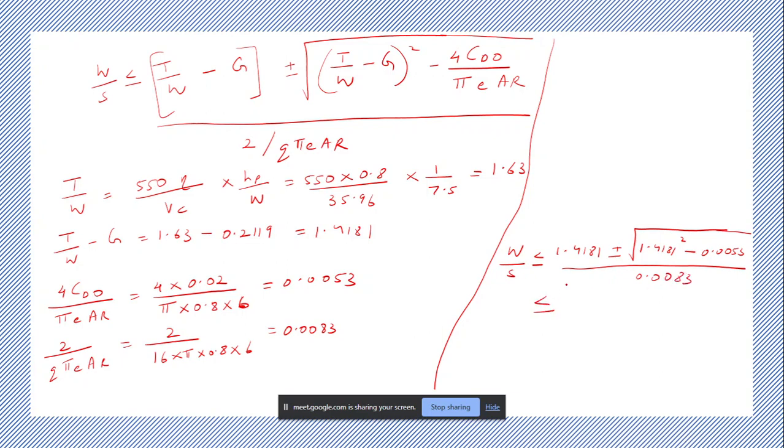What will this value be? It will be plus or minus 170.63. On this side it is 1.181.